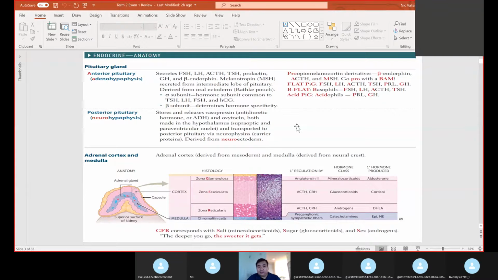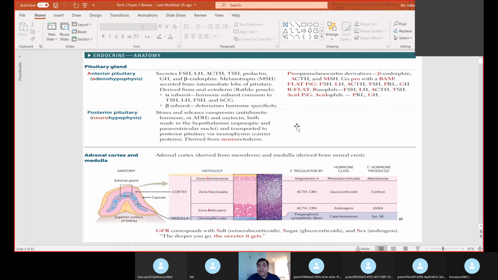There are two subunits here. The hormones secreted by your anterior pituitary have two subunits, alpha and beta. The alpha subunit is common to TSH, LH, FSH, and HCG. By this fact alone, what can we infer?